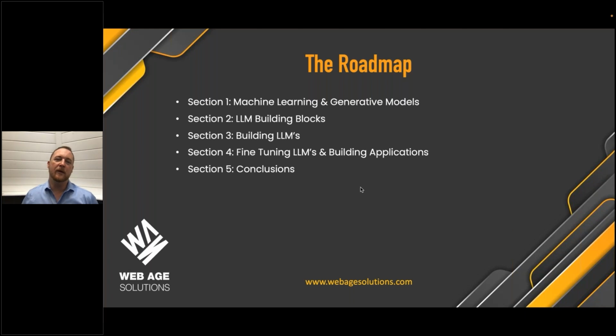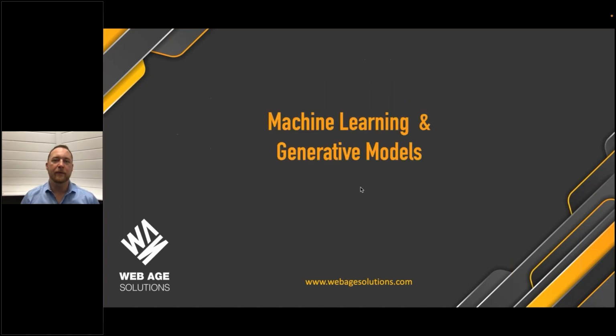And the next section, we'll talk about the building blocks that are used to build LLMs. We'll talk about how they're actually built and created and scored. And then we'll go to fine-tuning our own LLM and creating an API endpoint that we can then use for our applications. And we'll wrap up with some final thoughts and conclusions to bring everything together.